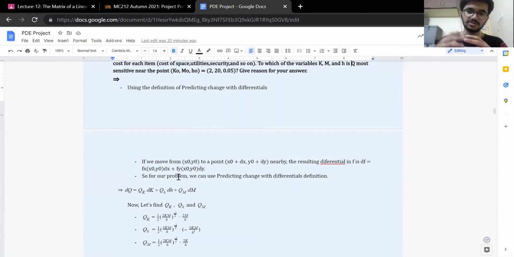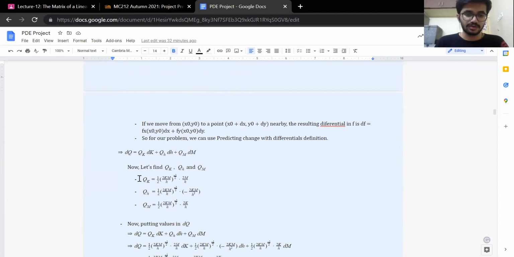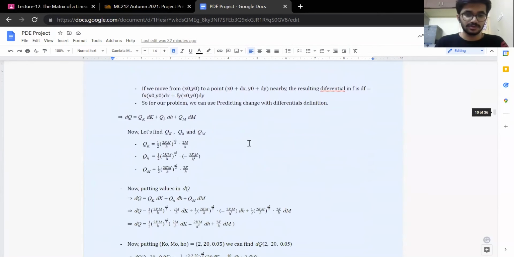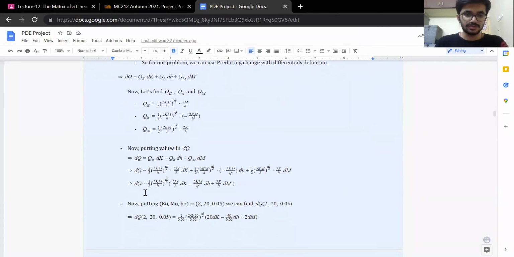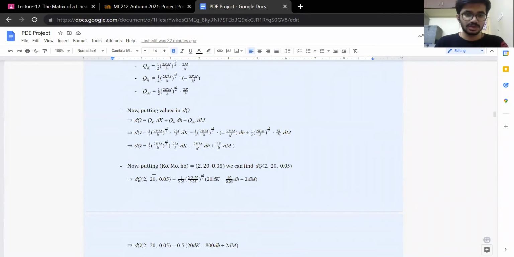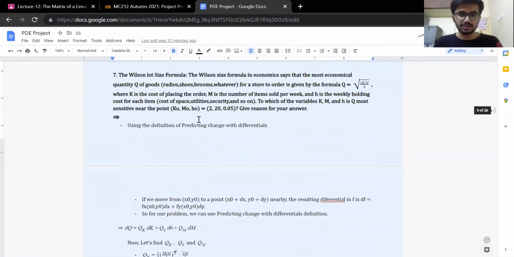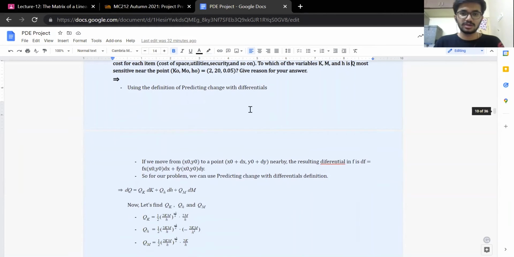So here we have 3 terms, so we can modify the equation. So Qk, Qh, and Qm, we found by doing the partial differentiation of the equation which was given earlier, and substituting it, we got dQ. Now we are also given the points k naught, m naught, and h naught.